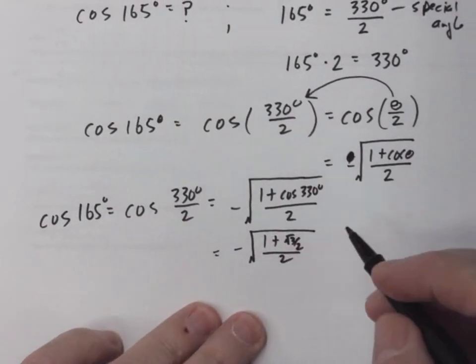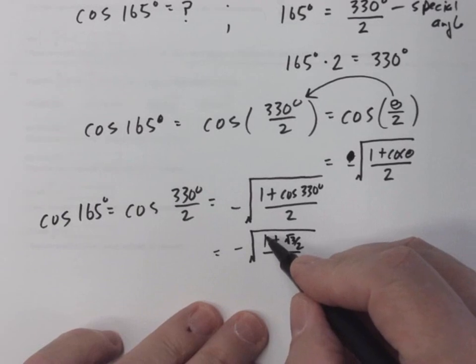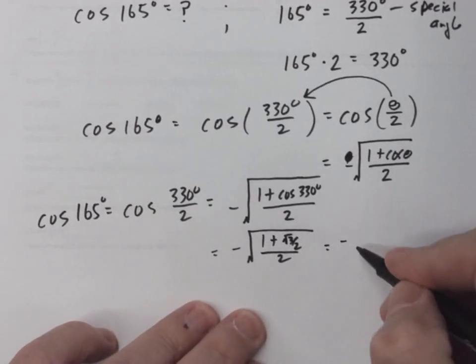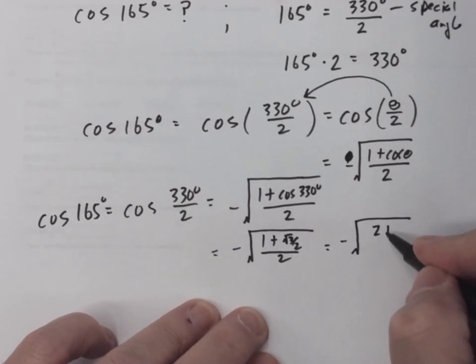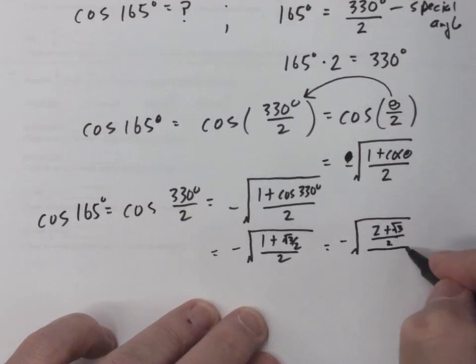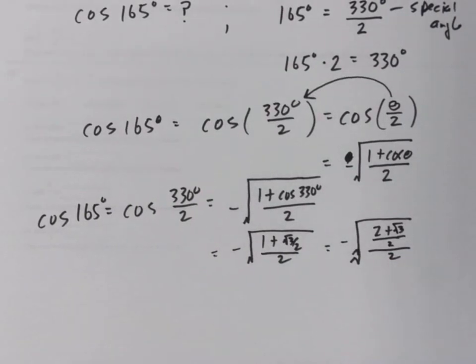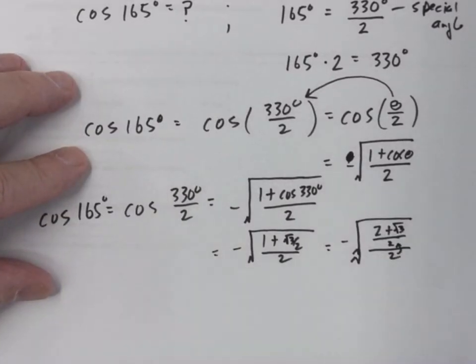Now I need to simplify this. First thing I'm going to do is change this 1 to 2 over 2 and combine this into one fraction. So it ends up being 2 plus square root of 3, all that over 2, and all of that over 2. Now to simplify this complex fraction, this 2 simply goes down to the denominator.